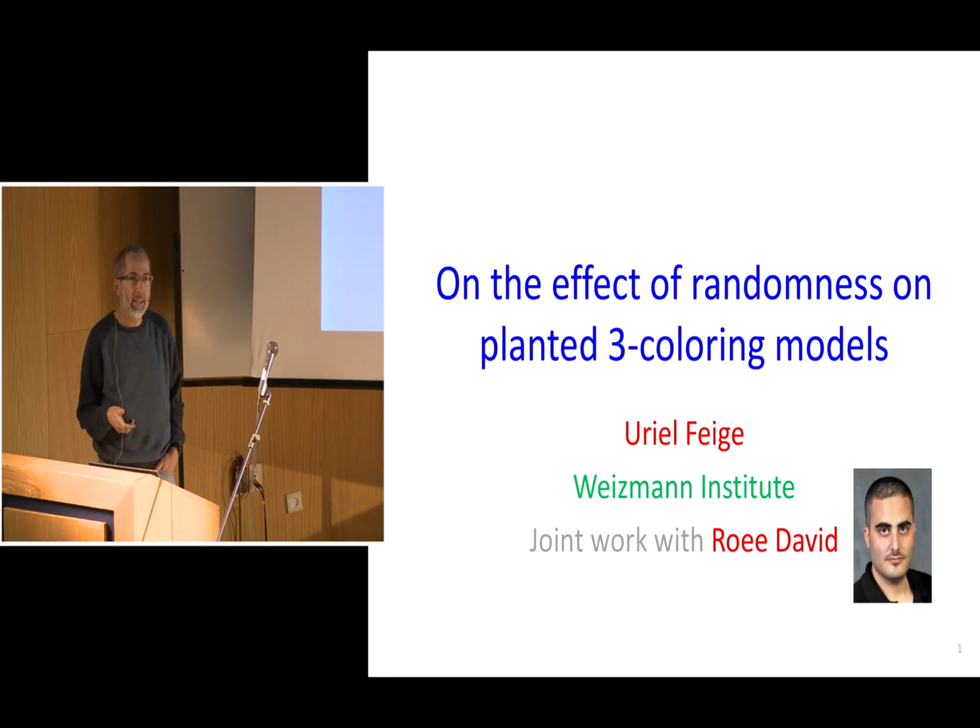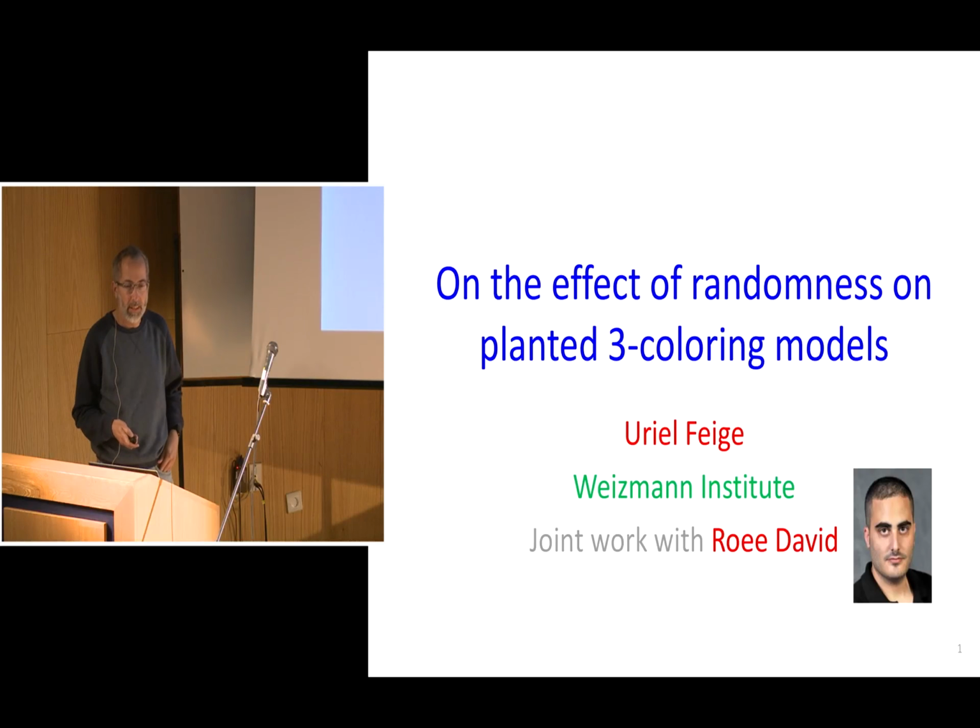One is a choice of a host graph that we shall call H, and within it, a choice of a planted three coloring that we shall call P. And the input graph G to our problem is obtained by starting from the host graph, planting in it a three coloring P, and then removing those edges that are monochromatic under this three coloring so that the graph is really three colorable.